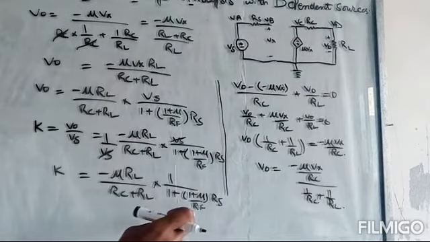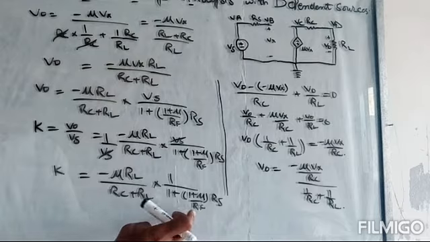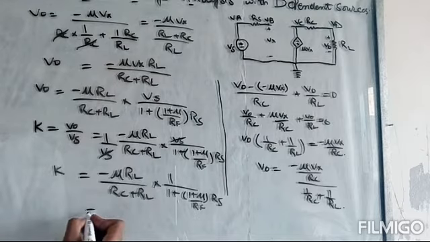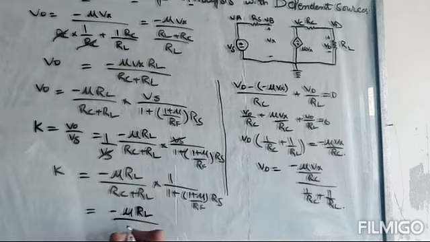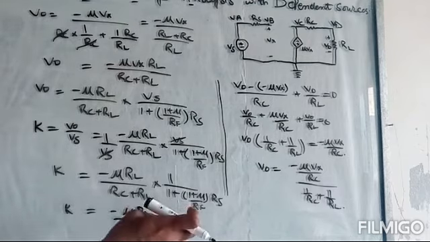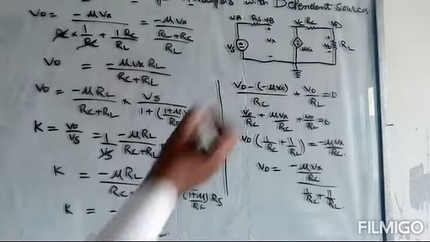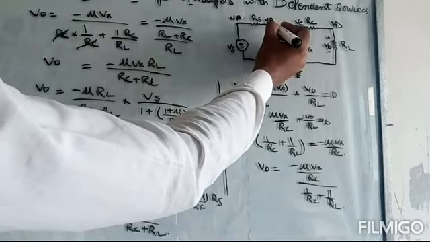So if we replace RF over here with infinity, this whole term will be converted into minus mu RL over RC plus RL. This is the same expression that we derived in the previous lecture. So this whole term is because of this feedback resistance, that is RF.